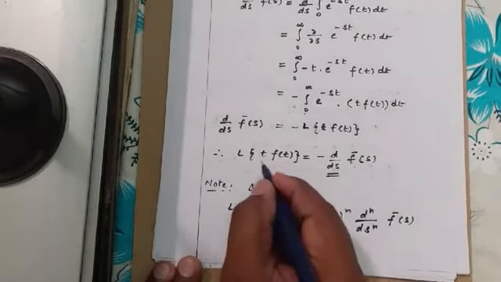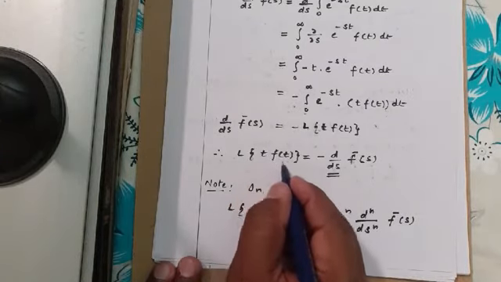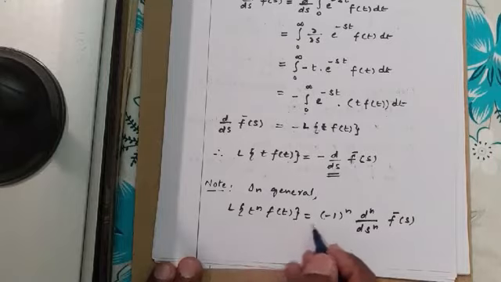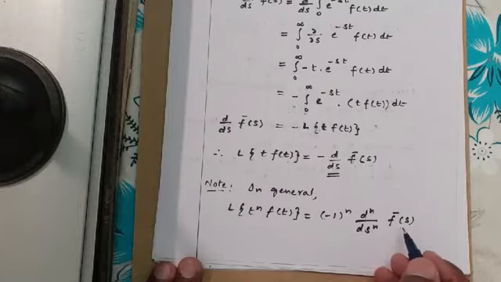Now you can see this is the Laplace transform of t power 1 f of t. The same way we can write for n: Laplace of t power n f of t is equal to minus 1 whole power n d power n by ds power n of f bar s.